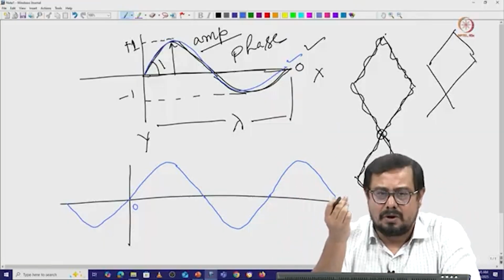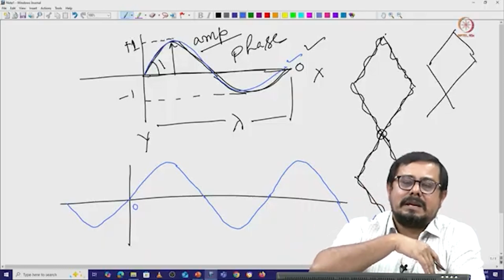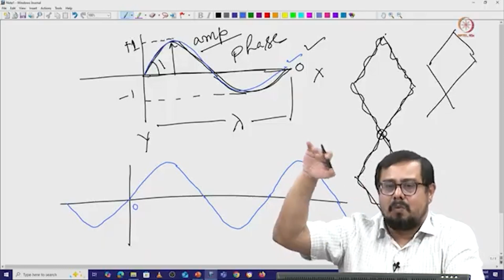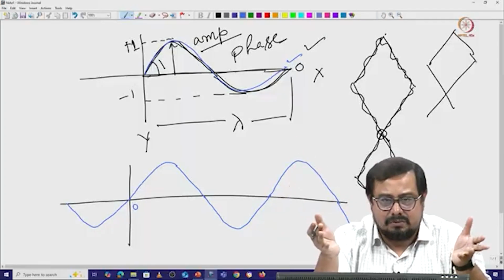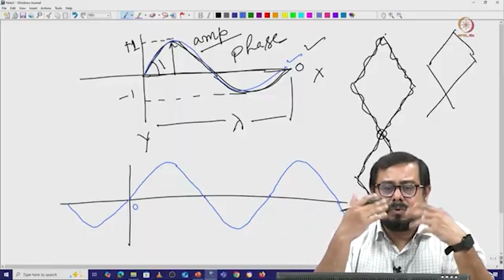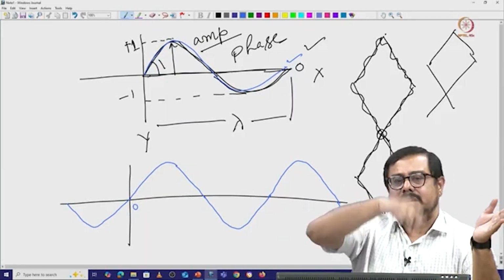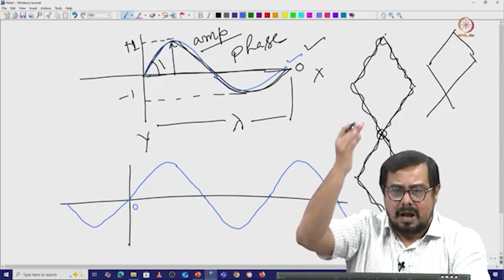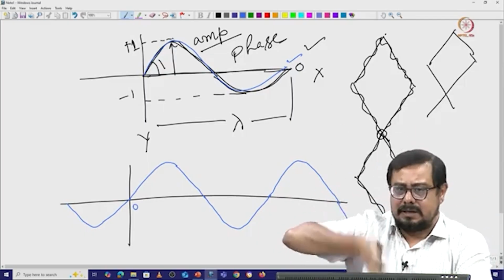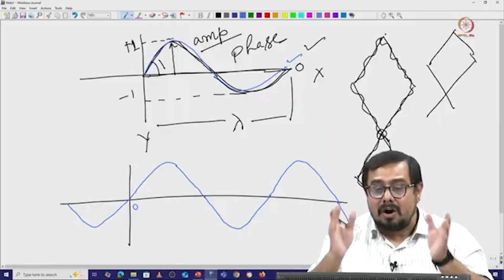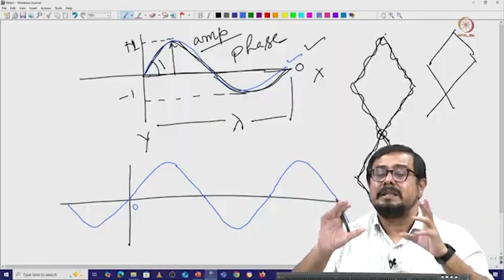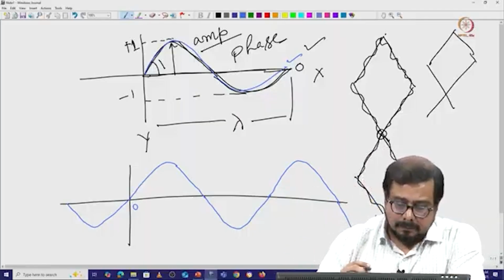If I consider 1 second and in 1 second the wave is oscillating once, that means the frequency is 1. And now, if the wave is oscillating 100 times, up and down very fast, it is going like that. So, how many oscillations there are, that is called the frequency.